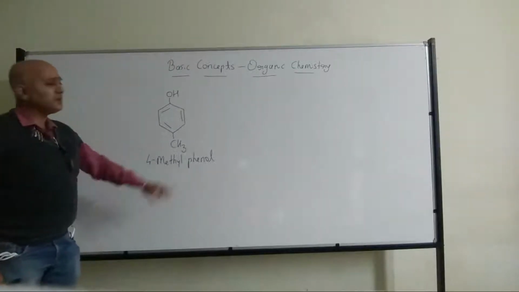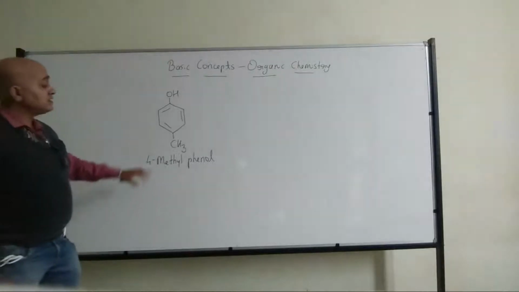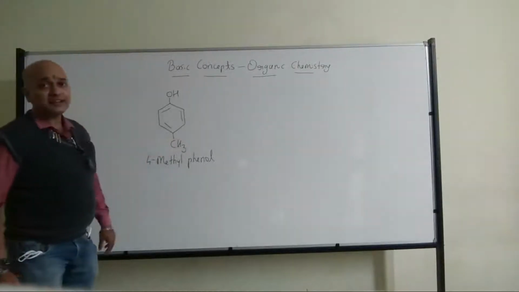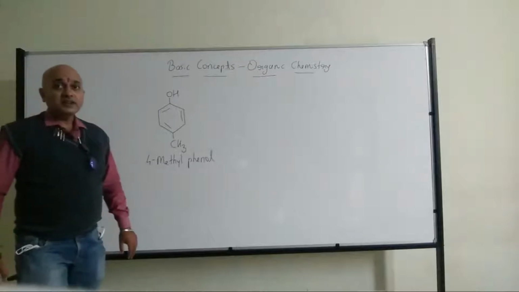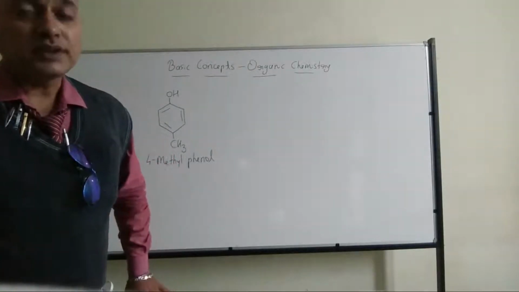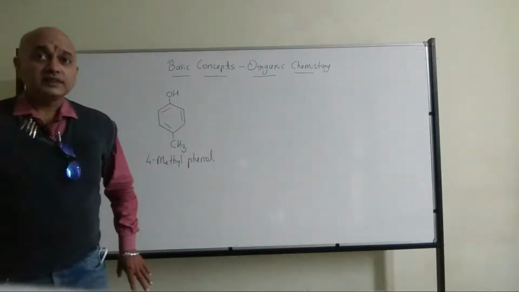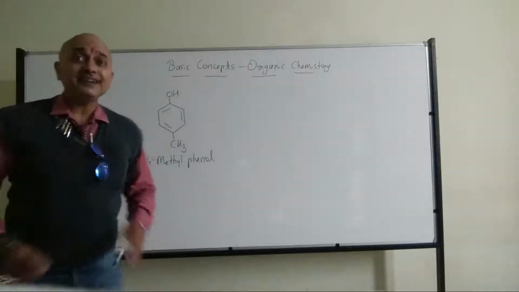So 4-methyl phenol. In this case, I have a substituent called the methyl group. Now, what is the speciality of the alkyl group? They are electron donating groups.